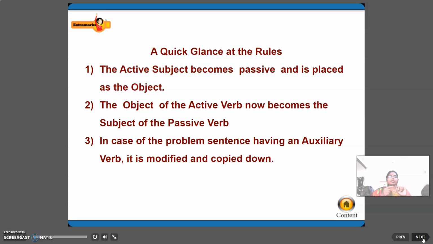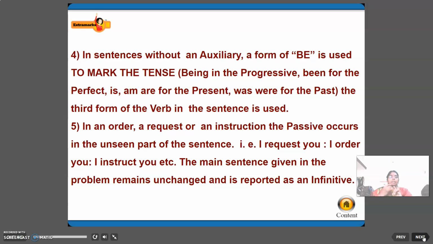In case of sentences having an auxiliary verb, it is modified and copied down. In sentences without an auxiliary, a form of the be verb is used to mark the sentence: being in the progressive, been for the perfect tense, is, am and are for the present tense, was and were for the past tense.